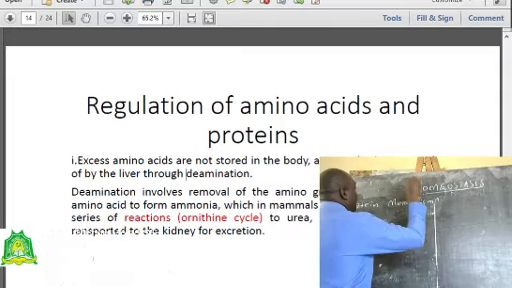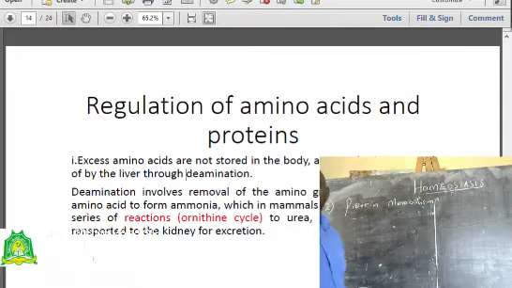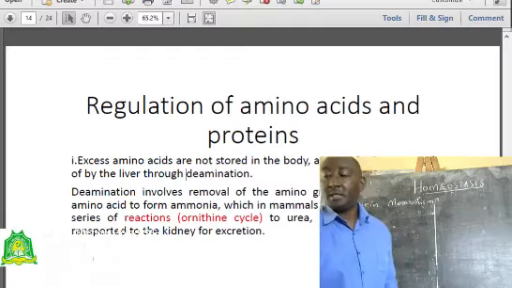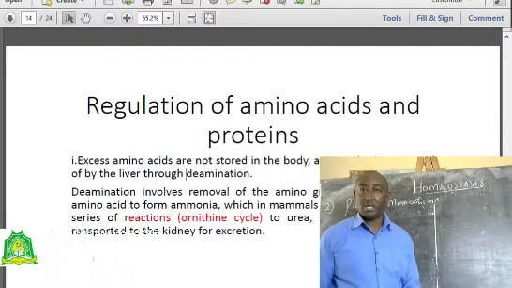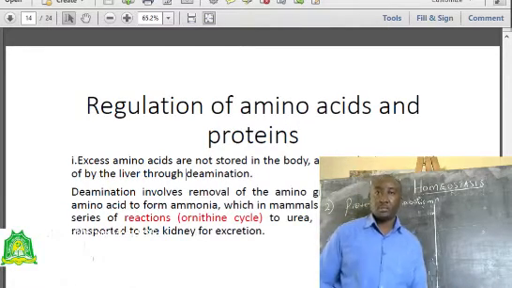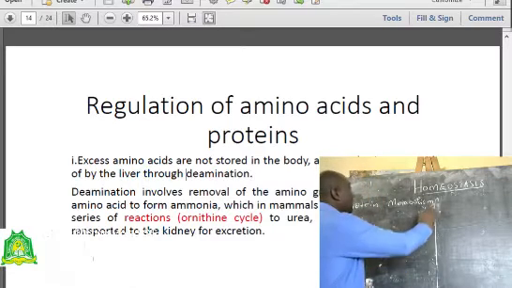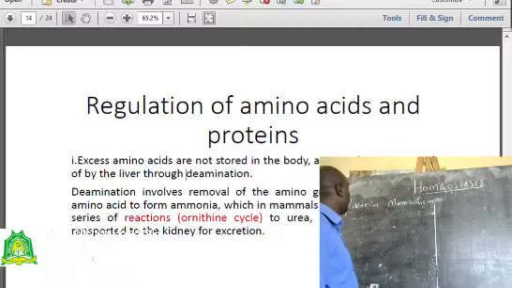Now, when it comes to the set point, the set point for a protein varies from one body to another. Why? Because different bodies have different body sizes and different body needs. So it's not like blood sugar and body temperature. It varies. However, there must be regulation.